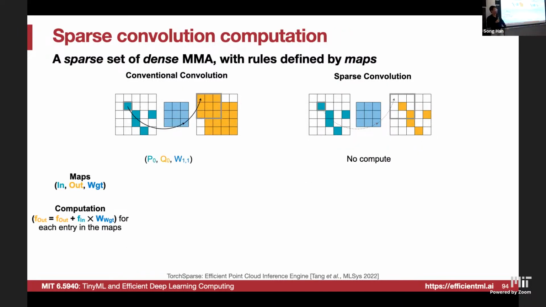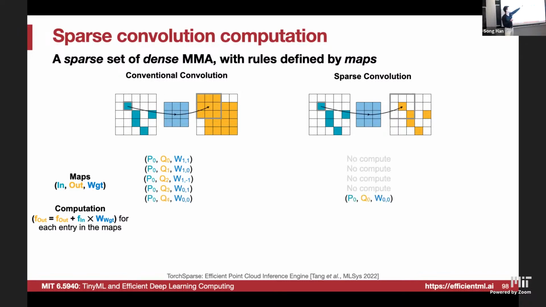So let's see. The original convolution produces one output for each window. Okay, so like there are 9 elements, but for sparse convolution, you only calculate when the output is non-zero. It corresponds with the same sparsity pattern as the input.